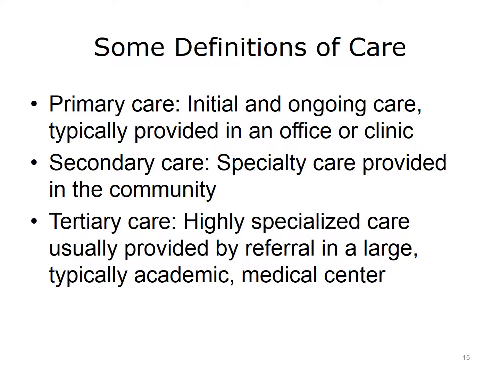Often these large medical centers are academic medical centers, but they don't necessarily need to be. The key of tertiary care is that the patient is away from the primary and secondary care that they've received initially. Sometimes primary and secondary care can be provided in academic medical centers and in hospitals, but tertiary care is that highly specialized care offered by many subspecialists who are not readily available in the patient's community.